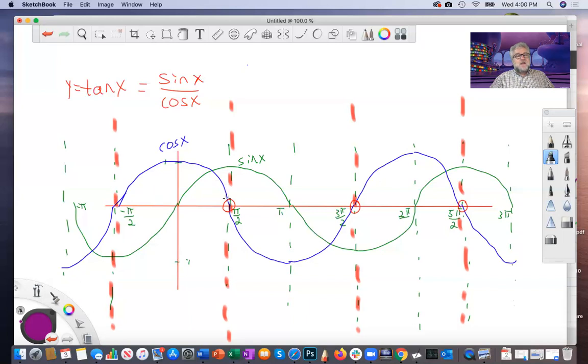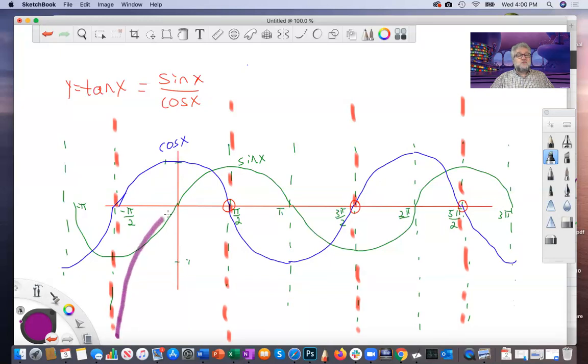Okay? And when cosine gets close to 0, like right here, you're going to have a negative number divided by a really small number. So this is going to give us a really big negative number. We're going to approach negative infinity down here.